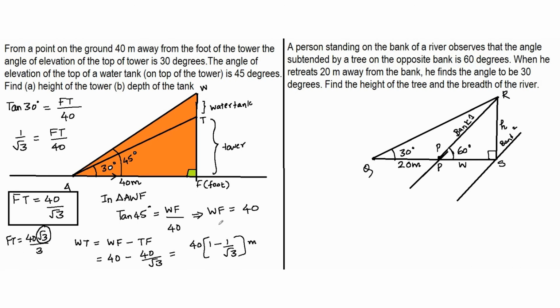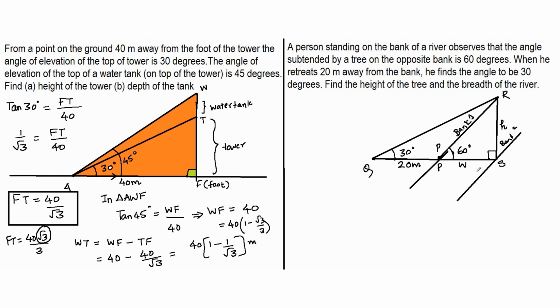And similarly here also you can rationalize the denominator. So this will be equal to 40 times 1 minus root 3 upon 3. And of course I can substitute the value of root 3 as 1.732 and divide it by 3 and then subtract it from 1 and multiply by 40. So this is how I can solve the first question.